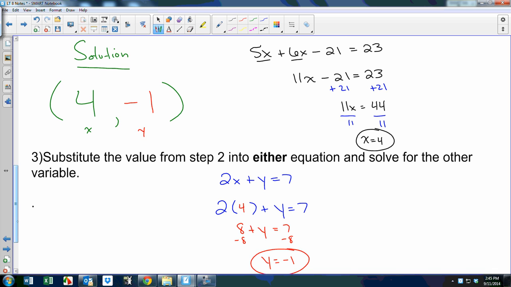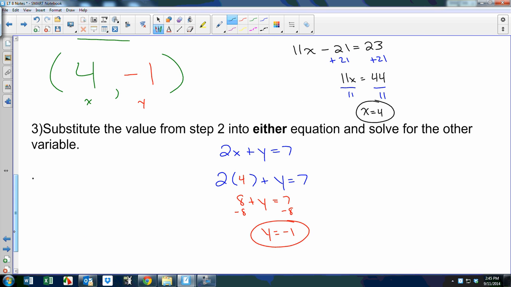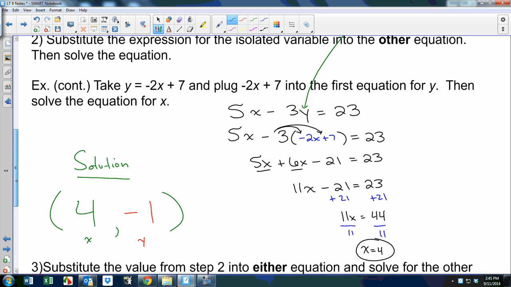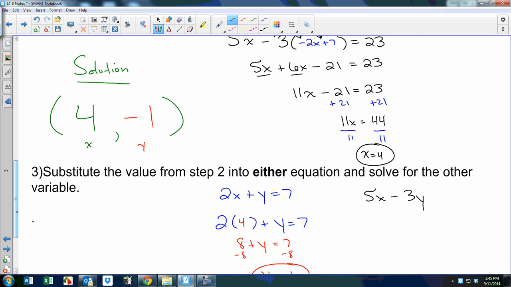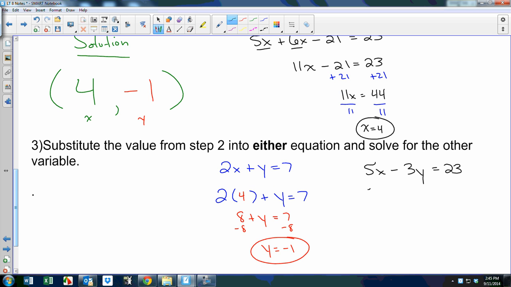All right, just to prove it, I'm going to take the other equation, 5x minus 3y equals 23. And I'm going to replace the x in that equation with 4 and solve for it as well, just to make sure that I also get y value negative 1 here. 20 minus 3y equals 23.